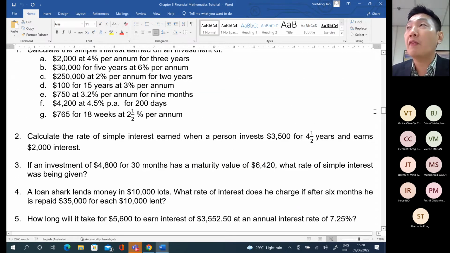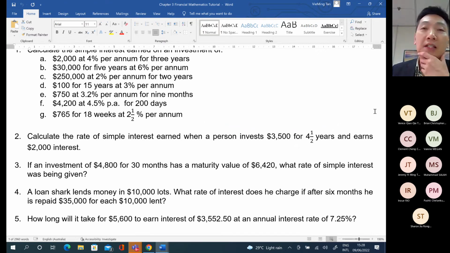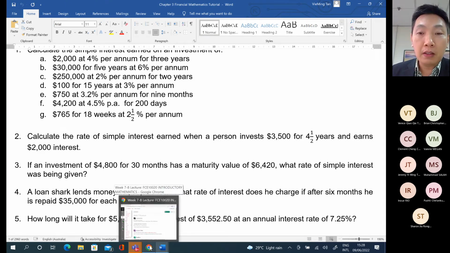So on the coming Monday, we have lecture. We are going to start at 9 o'clock. In that case, Pusti and Muhammad Salah need to wake up early for the lecture every Monday.